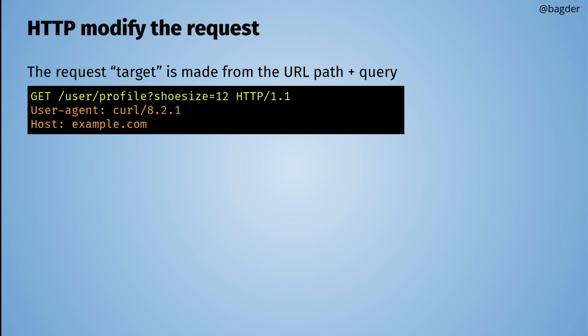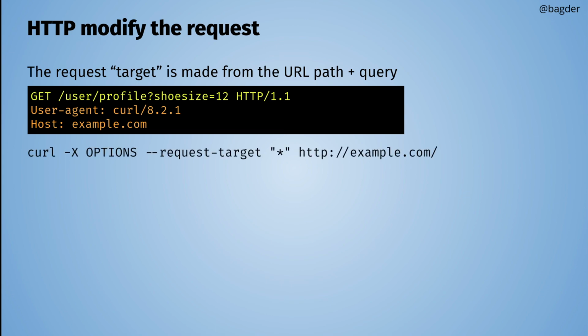What's the ask? You ask the server for this, and if you want to, you can set that target to something more crazy than you can set in the URL. For example, if you want to send a request target that is just an asterisk, it's not possible to actually set just an asterisk in the URL because it's always a slash in there. So if you want to send OPTIONS asterisk to this server, here's how you do it.